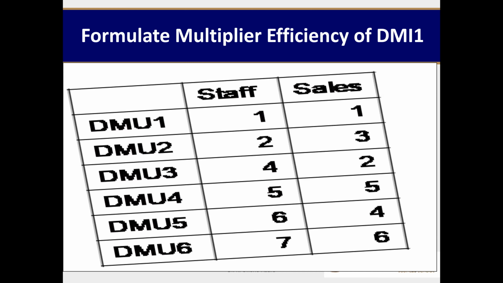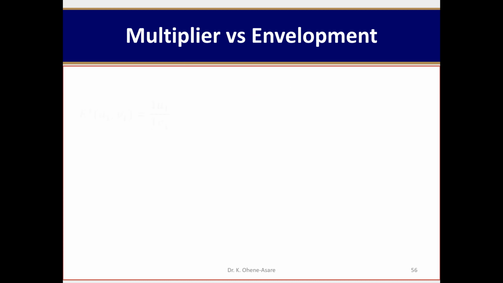So what I'm going to do is to take a very simple, hypothetical data set. We've used this before. That was the one we dealt with earlier. We are going to formulate the multiplier model using this data set. Now, let me just remind you of this multiplier model.